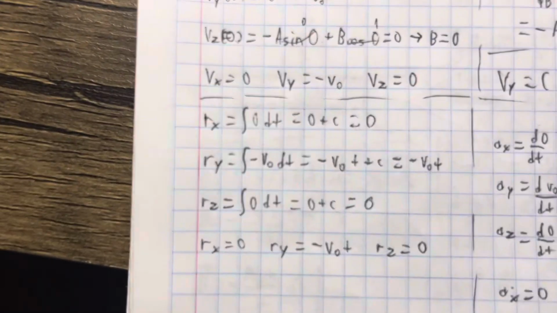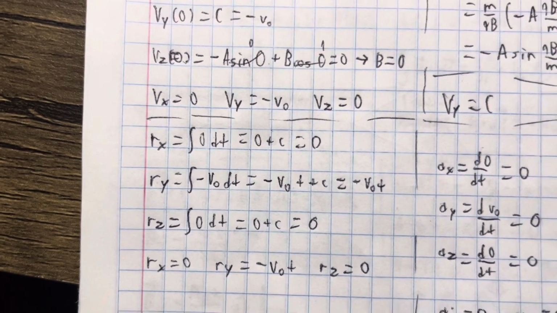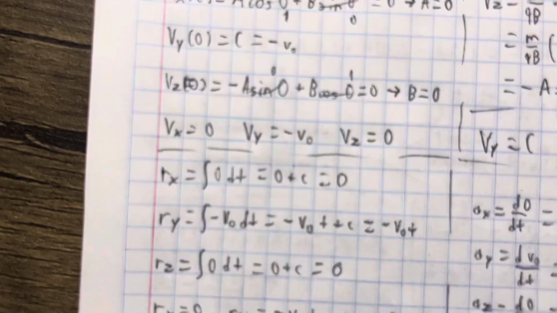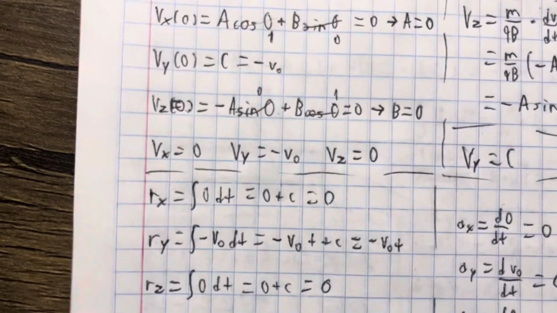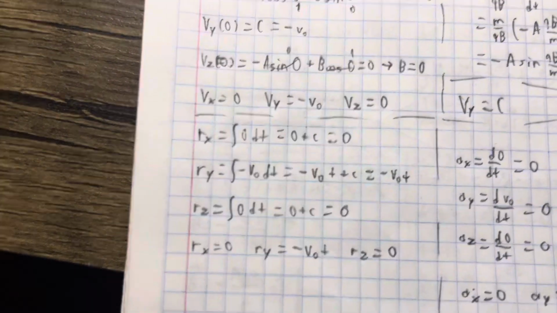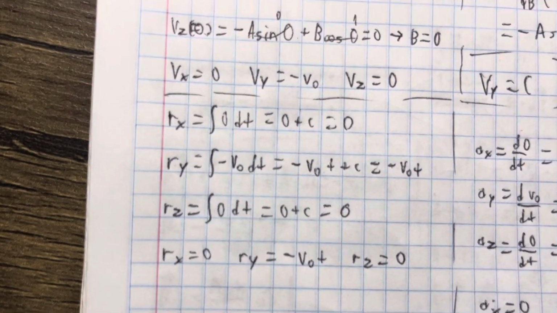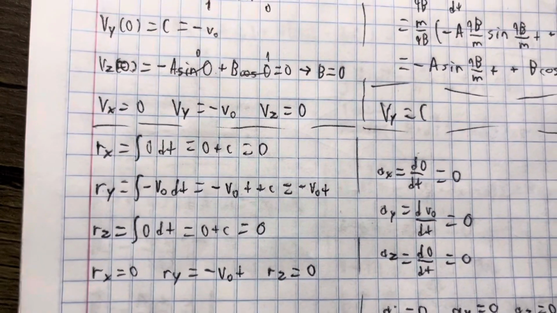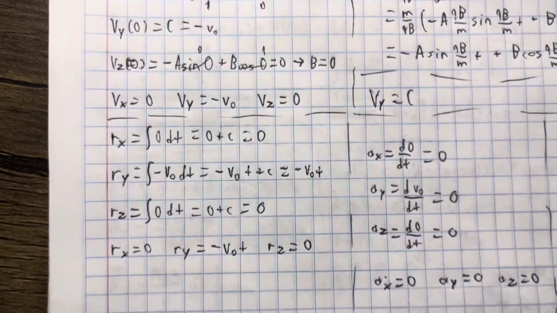Then we get the expressions for the position vector. We basically just have to integrate the velocity ones. Of course, position in x is the integration of 0, which is 0. Position in y is the integration of minus the initial velocity and differential of time, so the position for y will be the initial velocity times time.